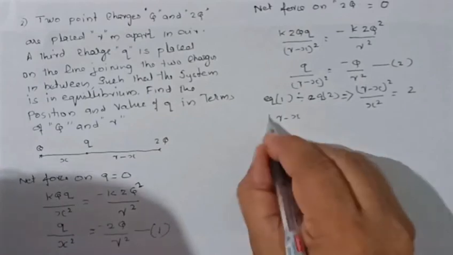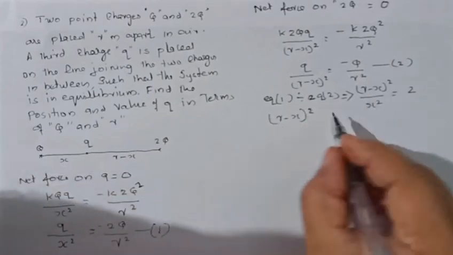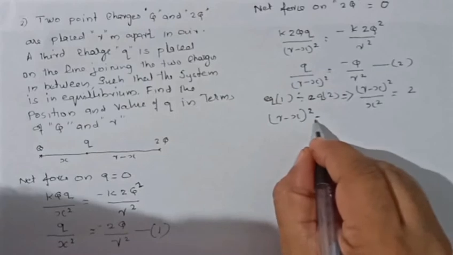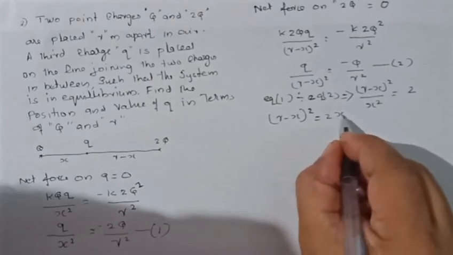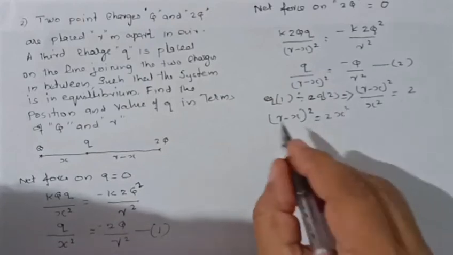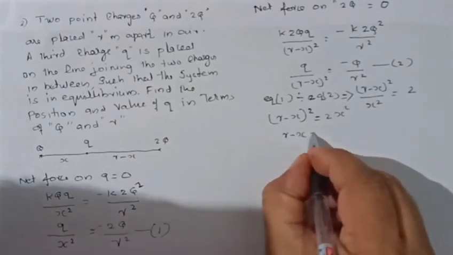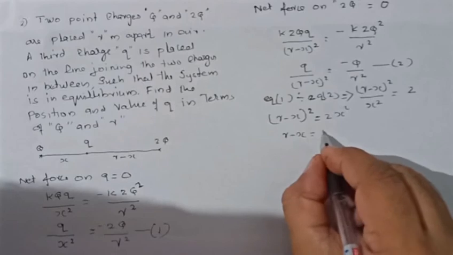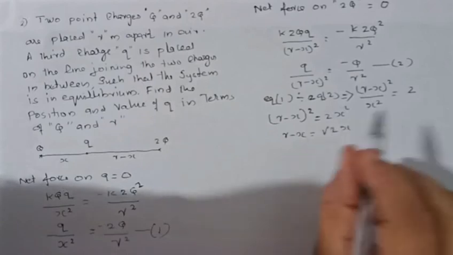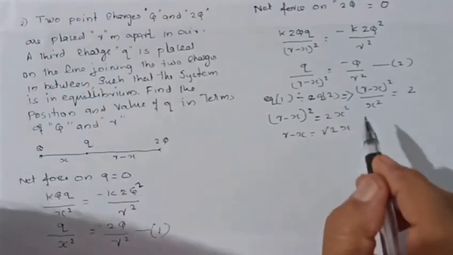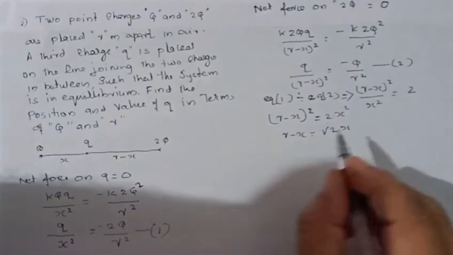Now you can solve it. R minus x whole square is equal to 2x square if you cross multiply. Now you take the square root on both sides, you will get r minus x is equal to root 2 times x.